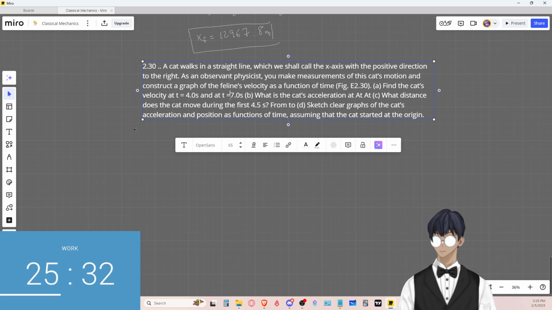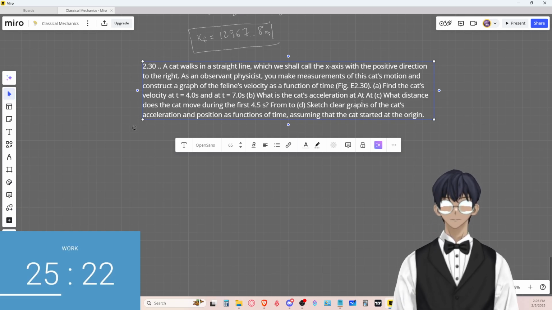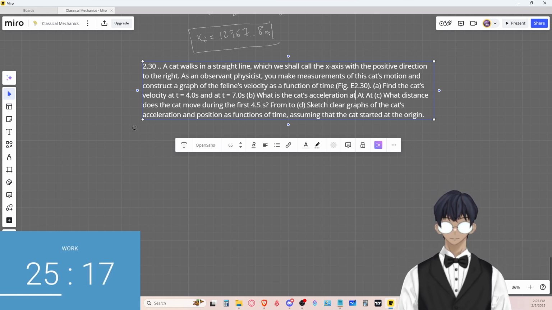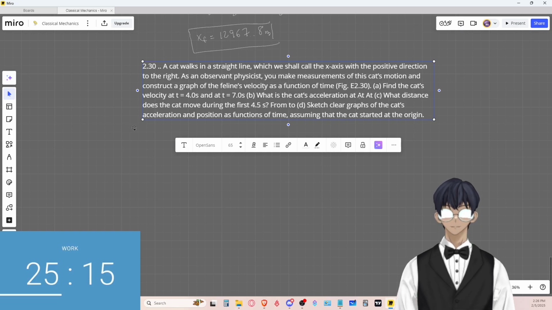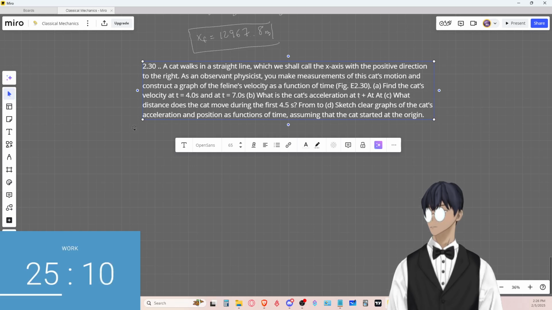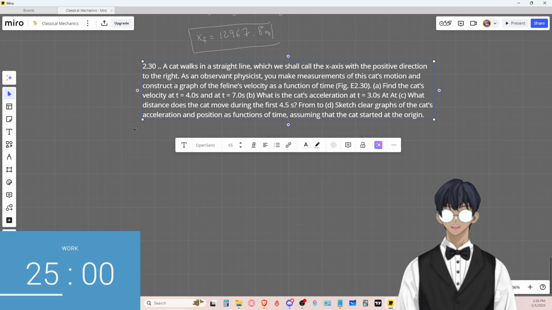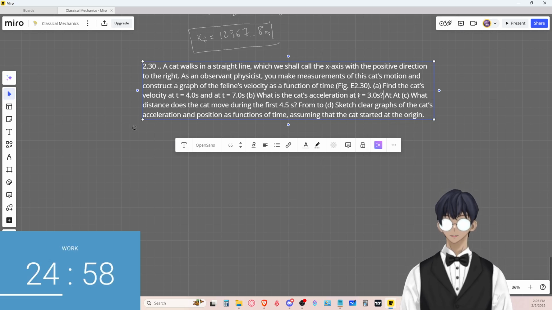Let's put some space here. Make it look a little nicer. What is the acceleration of the cat at 3.0 seconds? Question mark.